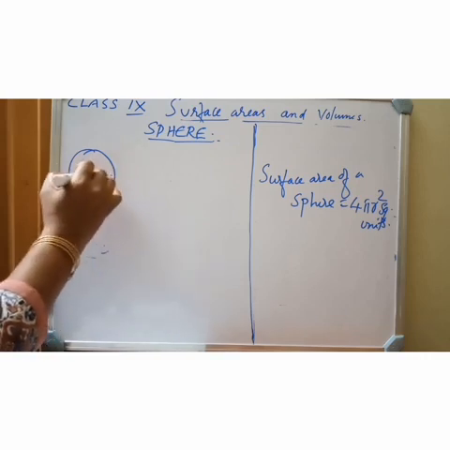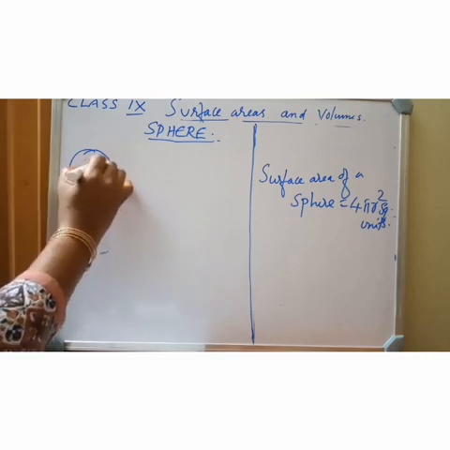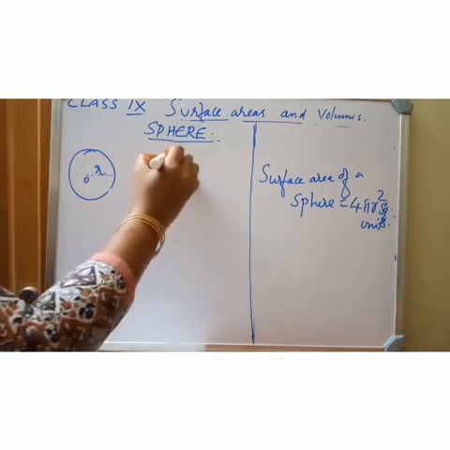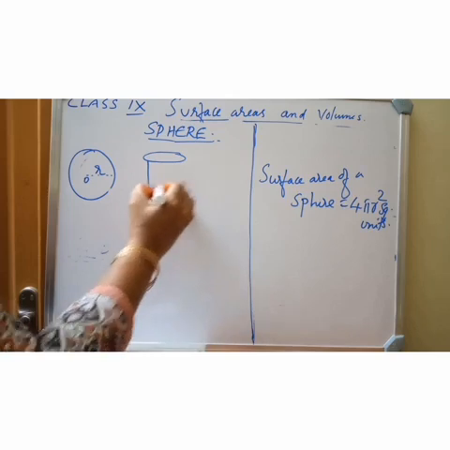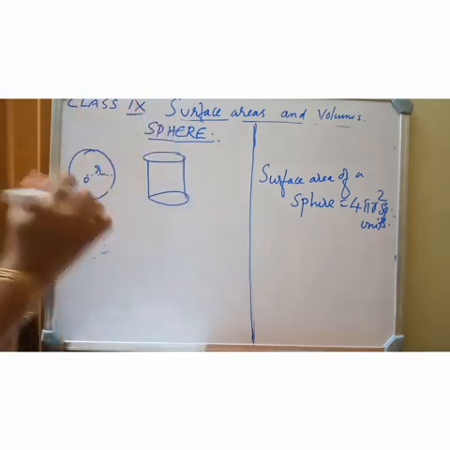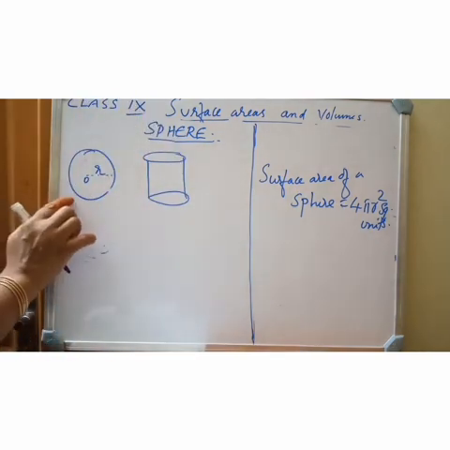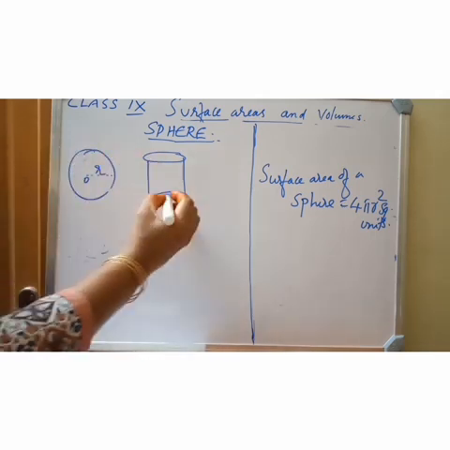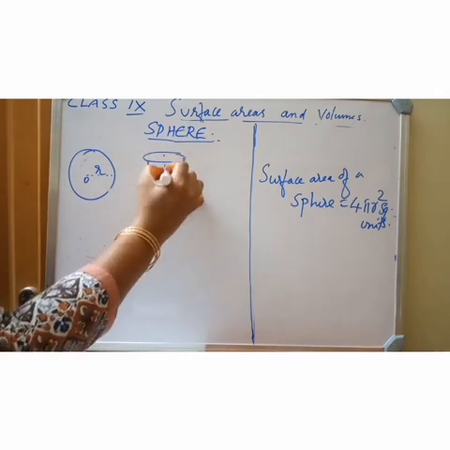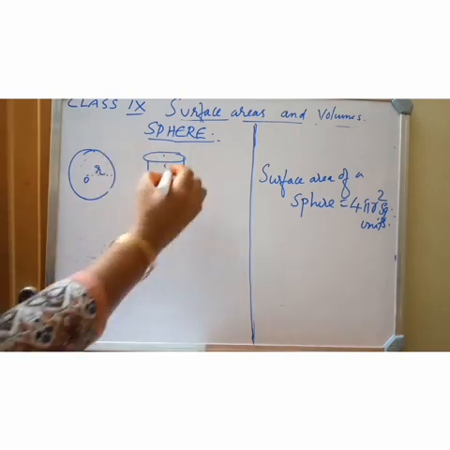a circle of radius r, and a right circular cylinder with the same radius. So I have two objects: one circle with center O and radius r, and a right circular cylinder with the same radius.